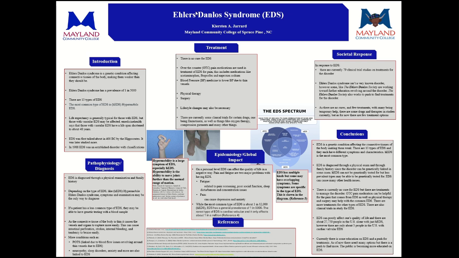They may have things that relate to dizziness, organ prolapse, problems with your organs, and incontinence. Typically with HEDS, you have a normal lifespan, but with other types of EDS, it may go down.